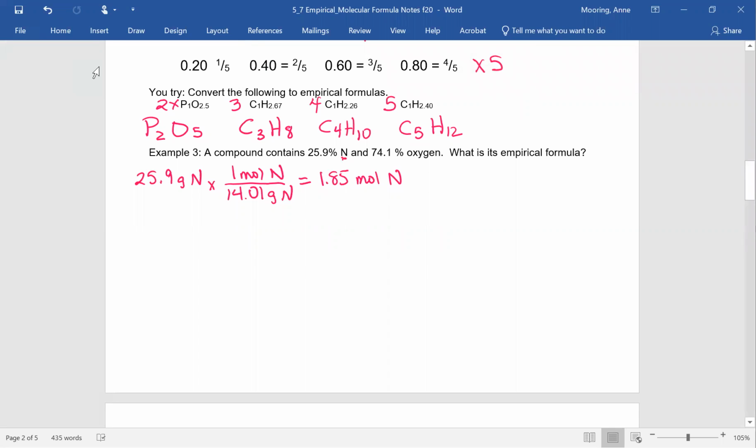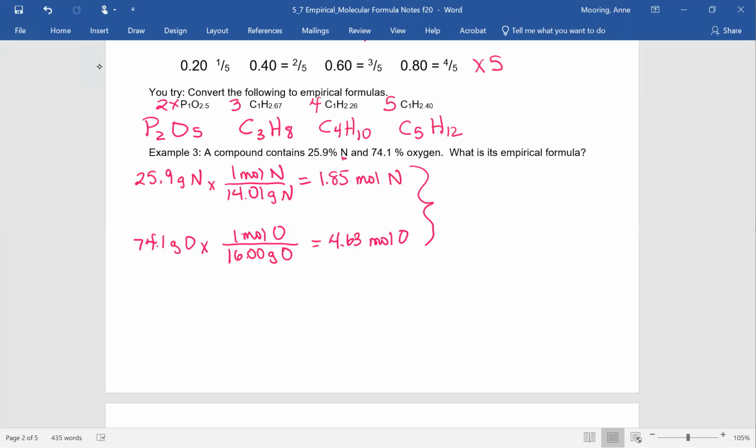All right, let's do the next one. Oxygen, we have 74.1 grams of oxygen. We're going to convert that to moles of oxygen. And we get 4.63 moles of oxygen.